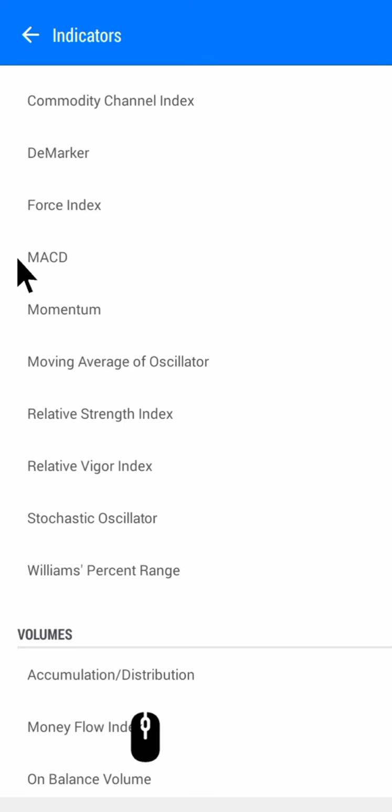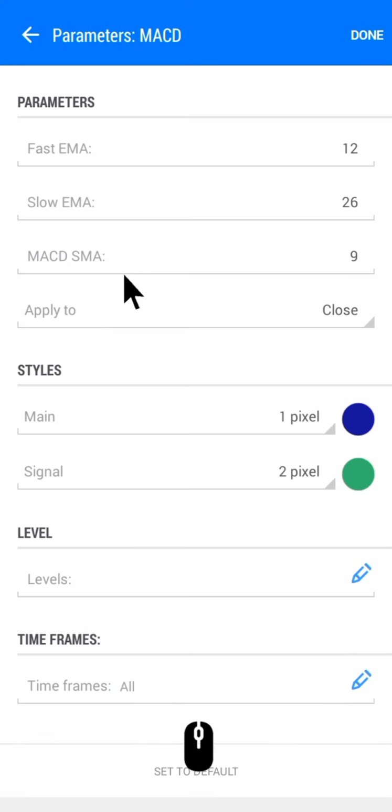It is already here. So when it is here, you can change these colors to the color you want, but most of the time consider signal color and main color. So you make sure you determine them when you are on the chart. Then you come here, and you may not choose to set anything. Don't change anything here.